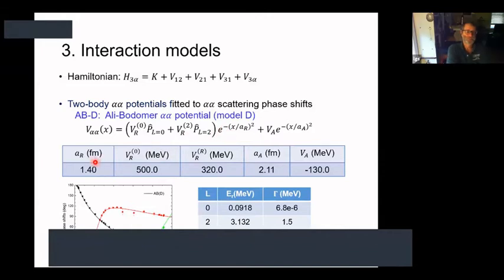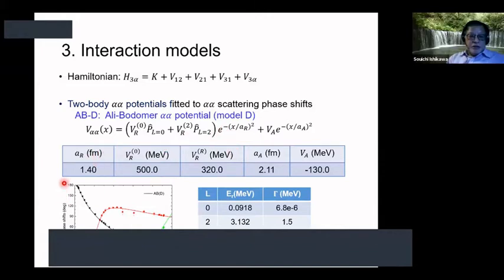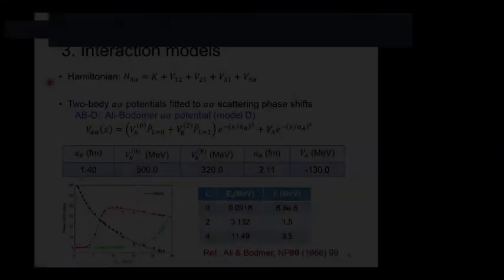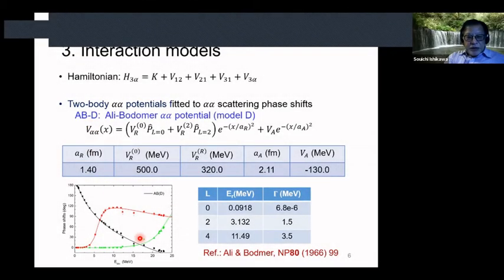The parameters are like this, and this figure shows the scattering phase shifts of the alpha-alpha system as a function of energy. This potential is constructed to fit the phase shifts for the angular momentum 0 state, the 2 state, and also the 4 state. This is the standard potential model for the alpha-alpha system.